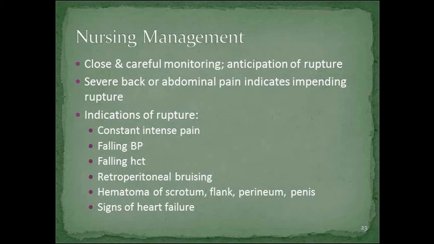And then they will exhibit signs of heart failure because they have very poor cardiac output. If you think about it, that aneurysm has ruptured and all of their blood volume is spilling into the peritoneal cavity. Okay, so very thorough assessment and close monitoring and anticipating rupture. You will also see complications of that rupture being renal failure.